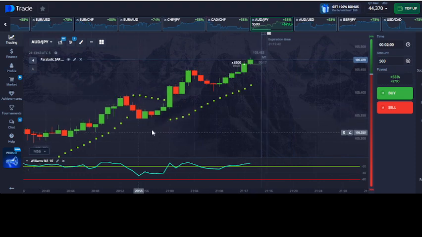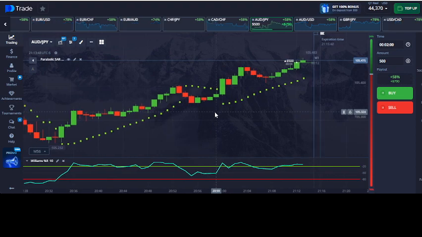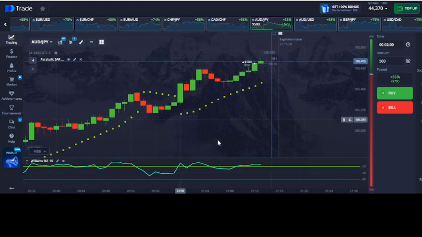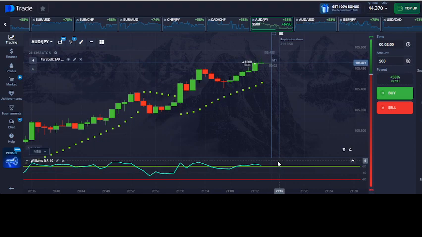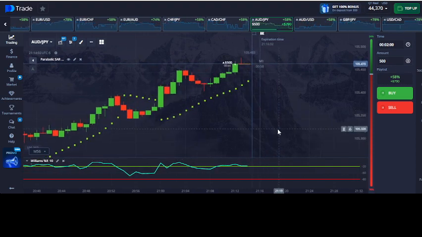We're trading with the trend here, which has been bullish in general. And the trigger is the Williams percent R line crossing over the green 20 line here. So let's monitor this trade and wait for the expiration.